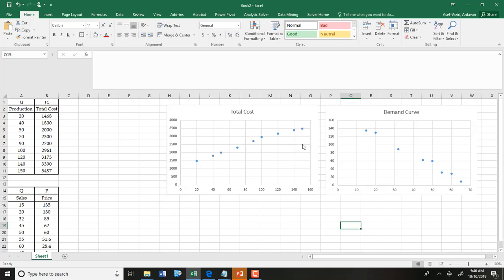Now we want to fit a line to the total cost, and a line to the demand curve.